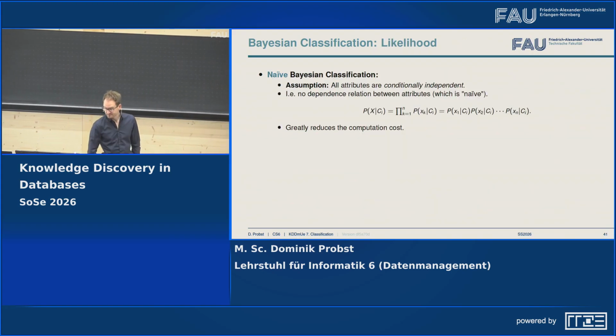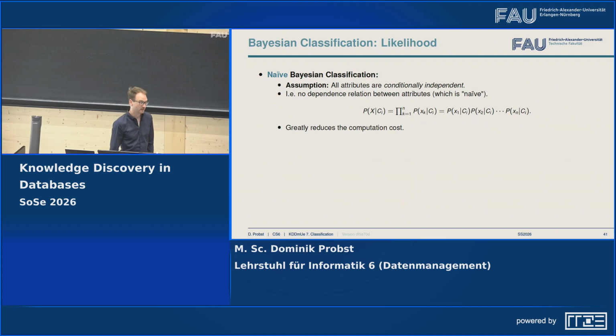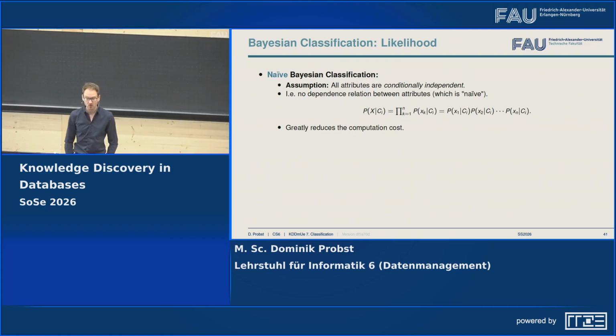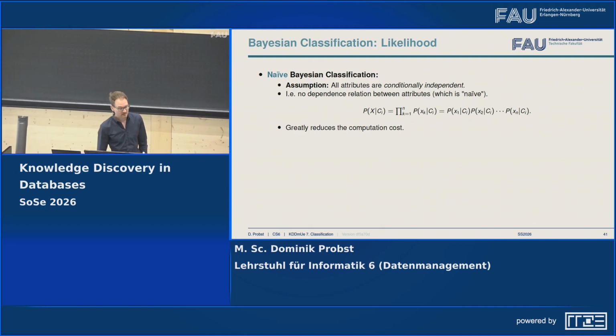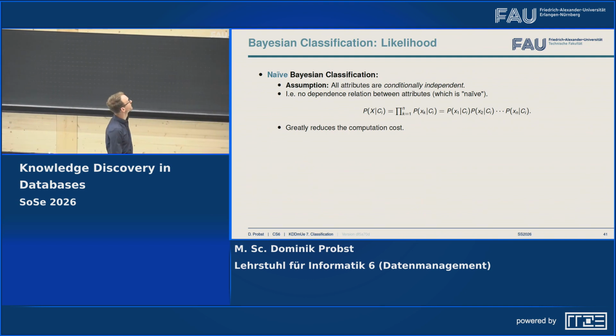Okay. It's again important to say we are doing naive Bayesian classification, so we are assuming that all attributes are conditionally independent. And that's very important to reduce computation costs and also to make it simpler.